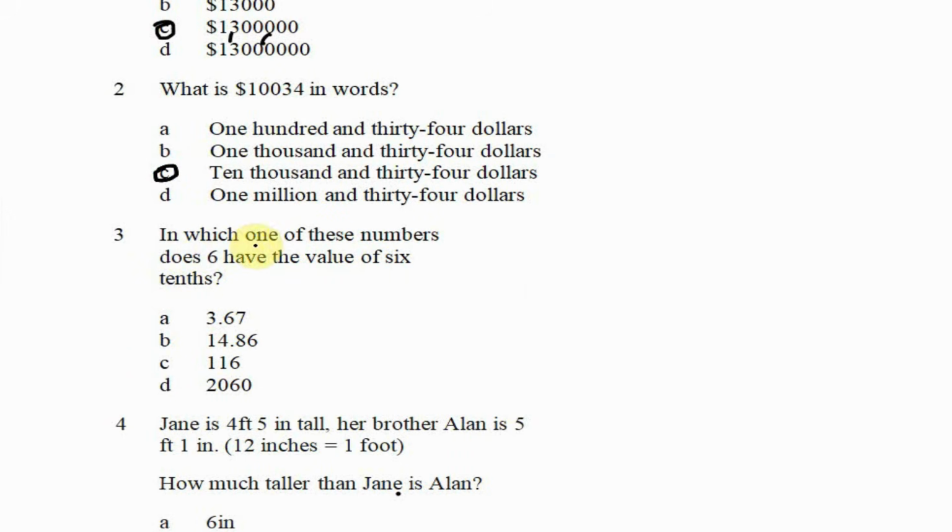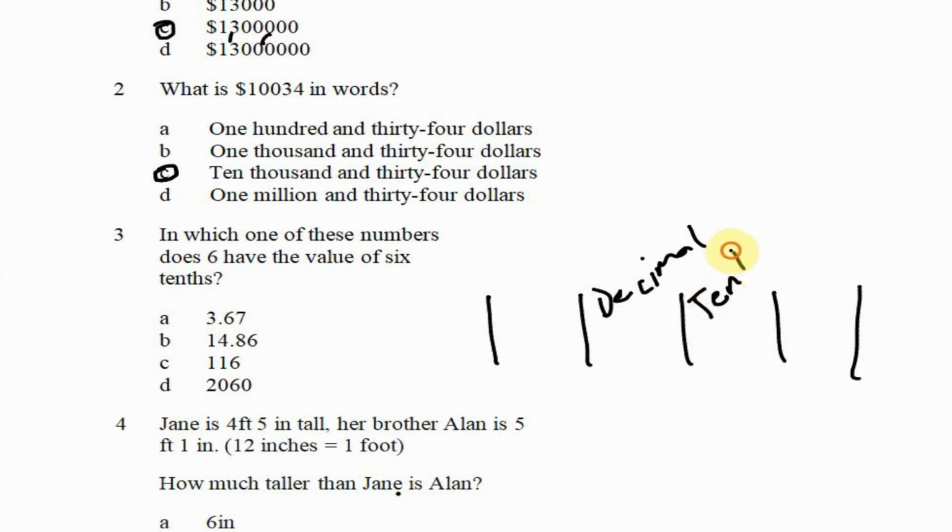In which one of these numbers does 6 have the value of 6/10? Now if you guys are familiar with the place value chart, it can really help you out in a situation like this one. So let's say we had our decimal point here, so this is our decimal column. Now to the right of the decimal column we'll have our 10th column.